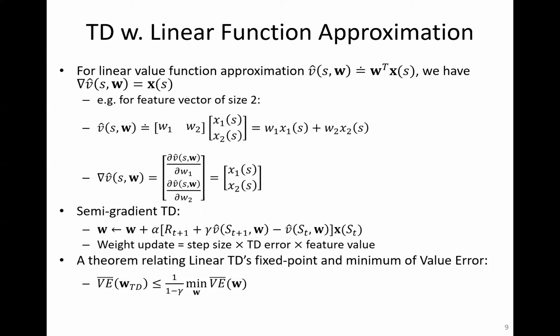If gamma is very small, you have a very short, nearsighted view, then the value error of TD can be very close to the true minimum.